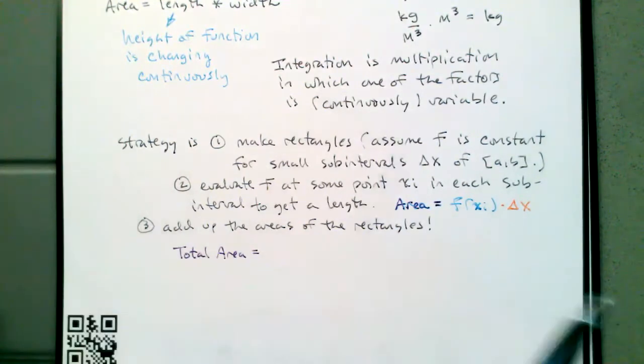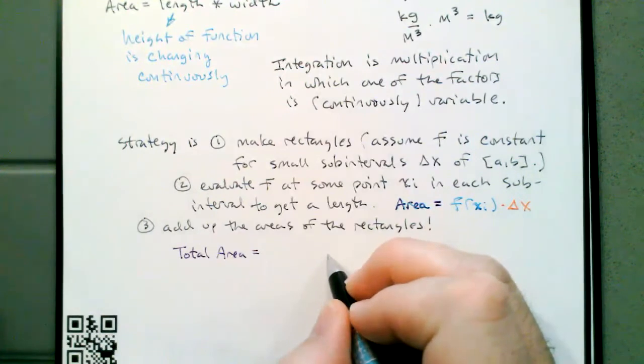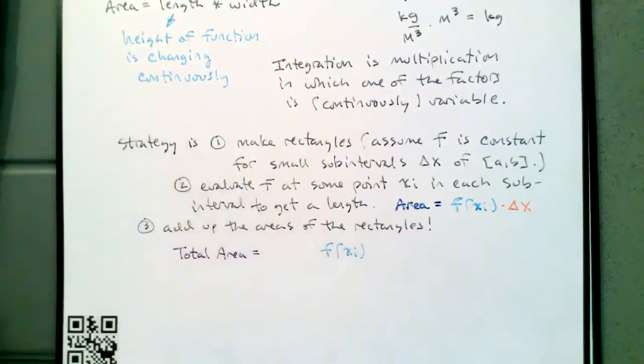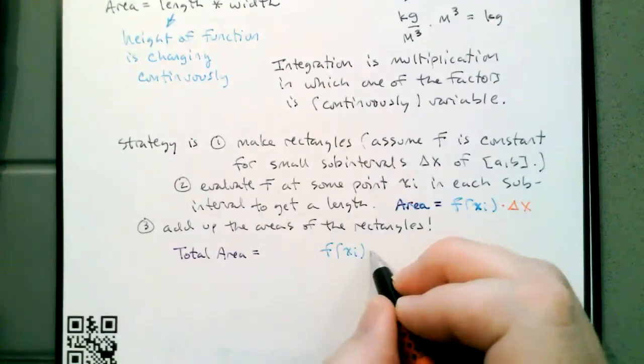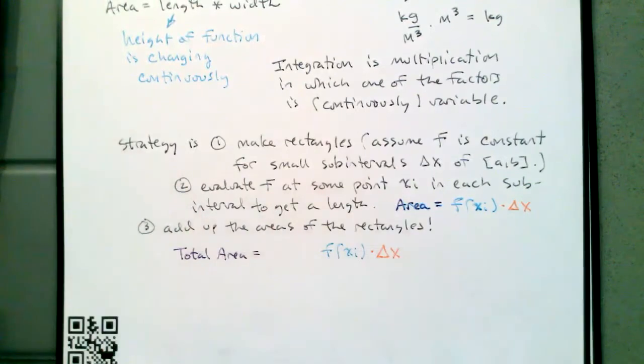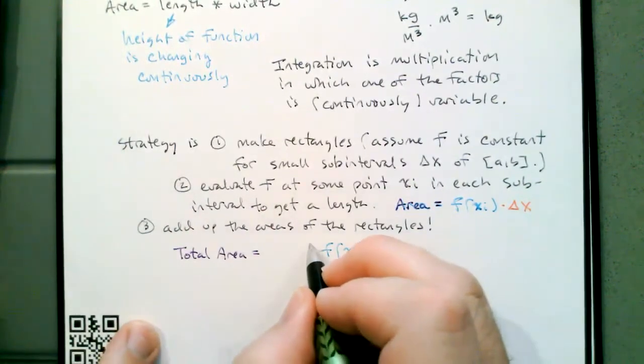So each rectangle is an f at xi, that's our length, times a width, which is some small piece of the interval, delta x, and we just add up these areas.